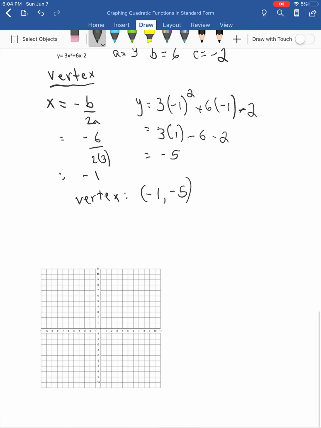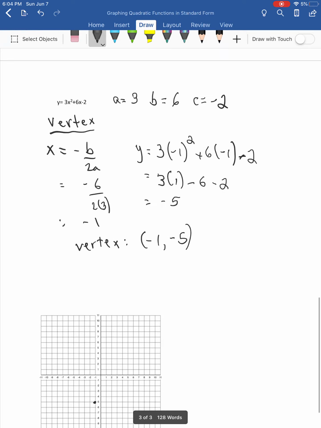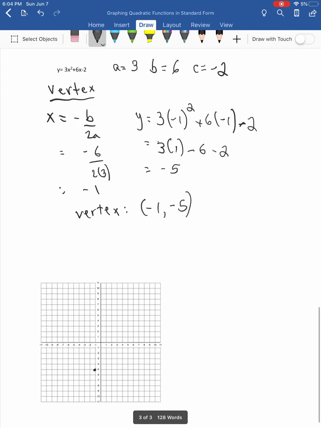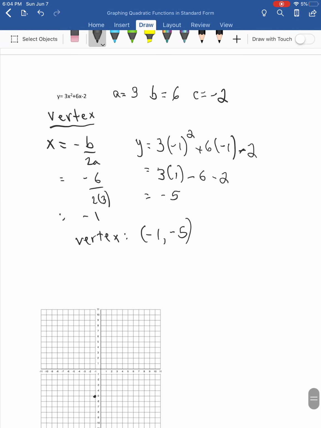Let's plot that. We should also note that because the leading coefficient is positive, it's going to open upward. Not really necessary, but if this started with a negative 3, it would open downward.